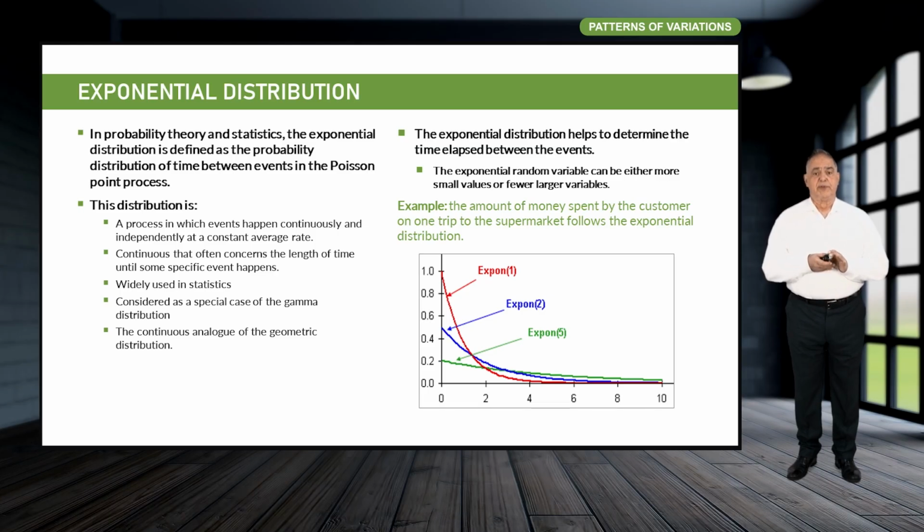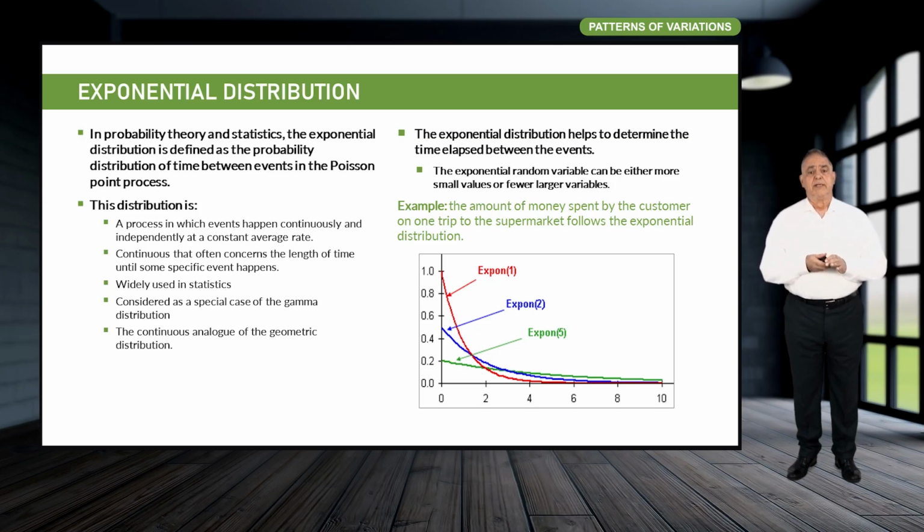So the exponential distribution helps us determine the time elapsed between the events. In other words, if we're waiting at a bus stop, how long will it take before the bus arrives at the bus stop?